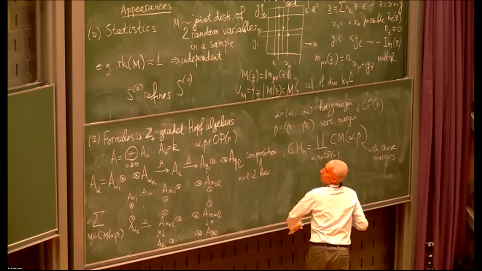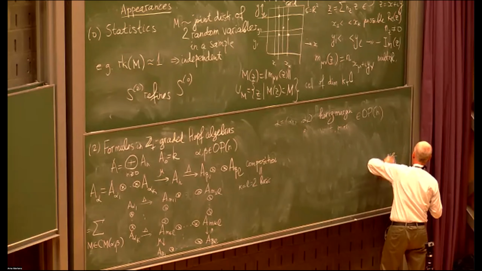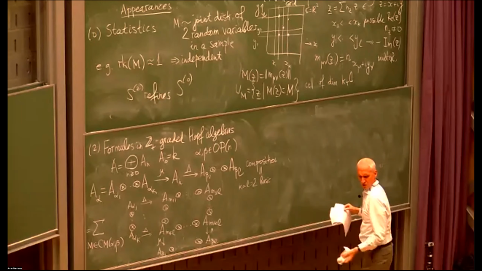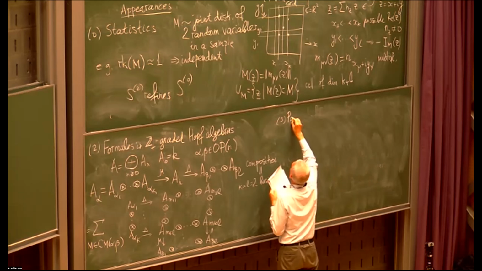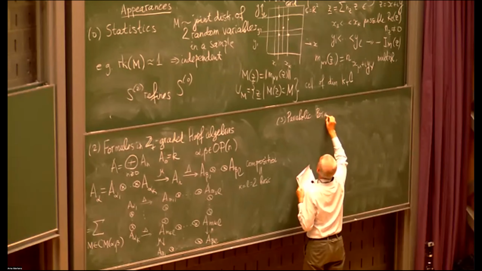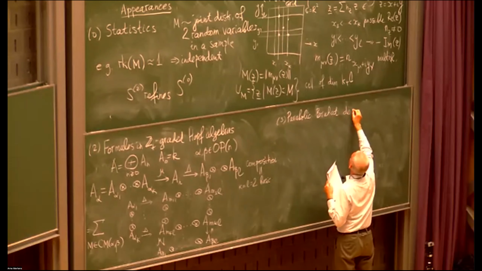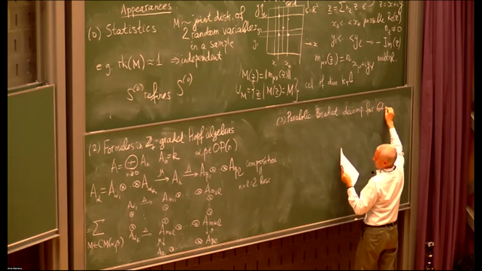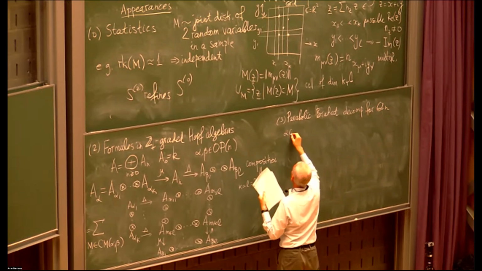And then the third appearance is the parabolic Bruhat decomposition for GL_N. Suppose alpha again is as before.